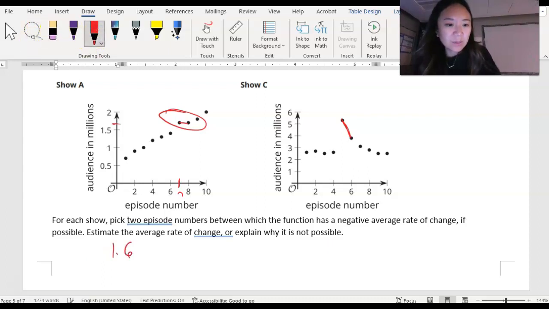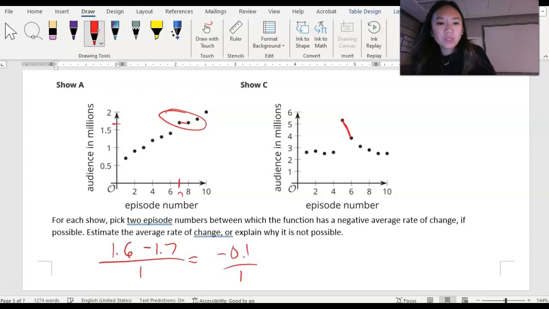So 1.6 minus 1.7 divided by 1 episode. Okay, so that's going to be a pretty small rate of change there. But it is negative because we're subtracting a larger number from a smaller number. So it is a negative rate of change because we're showing a decline.